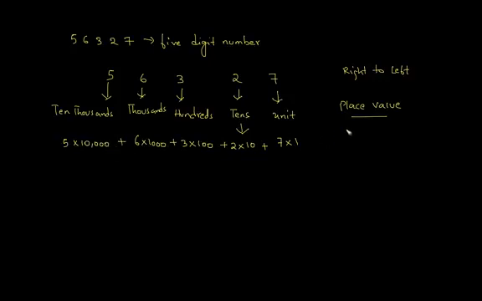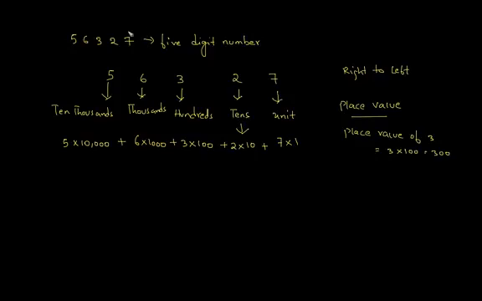So if the question is what is the place value of 3 in the number 56,327, then the answer will be 3 into what is the place? The 3 is in the hundreds place, so it will be 3 into 100. It is 300.